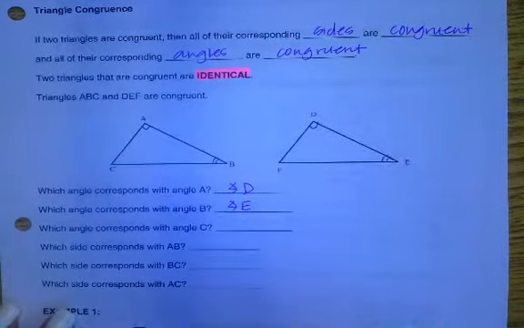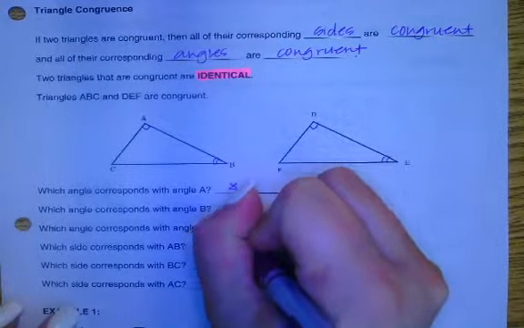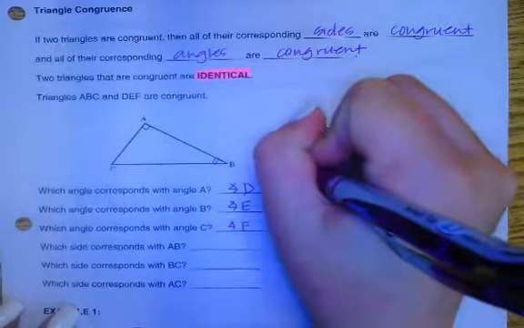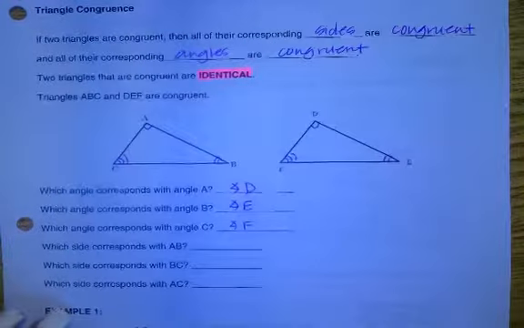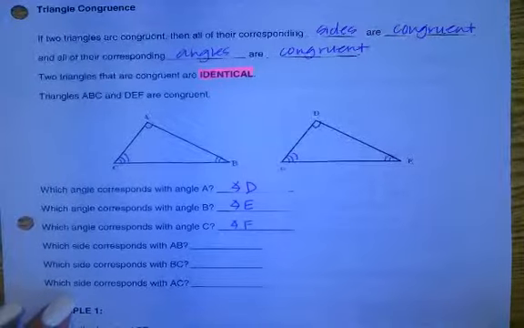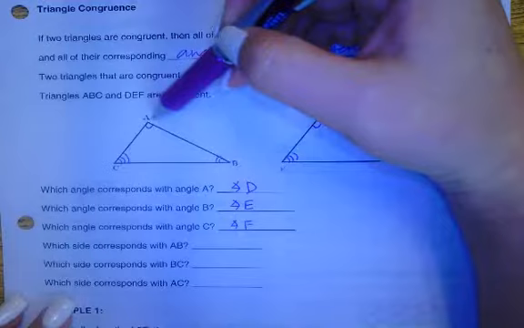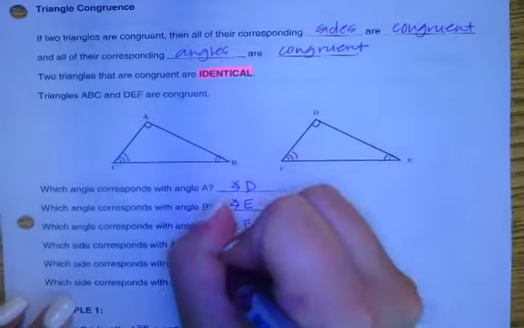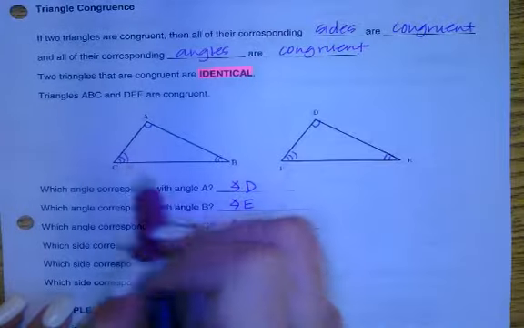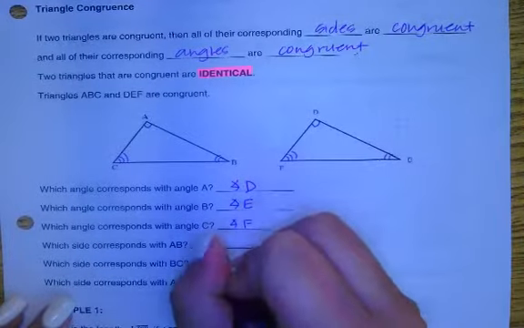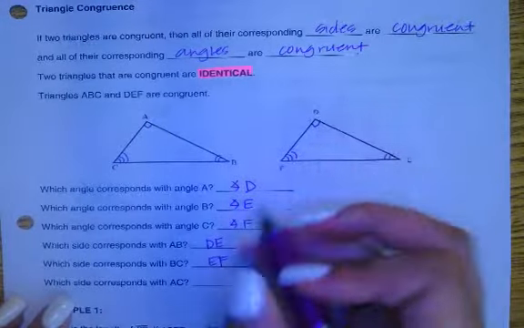Okay, hopefully you said angle F corresponds with angle C, and I'm going to notate that by putting 3 arcs on those angles. Which side corresponds with AB? So this side here. Hopefully you put DE. BC corresponds with EF. And AC corresponds with DF.